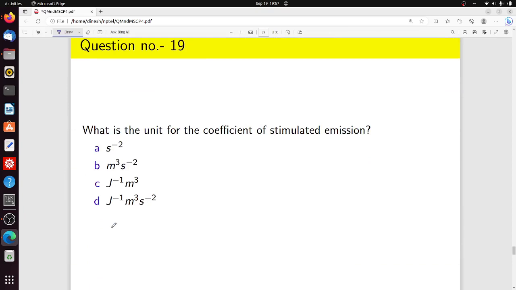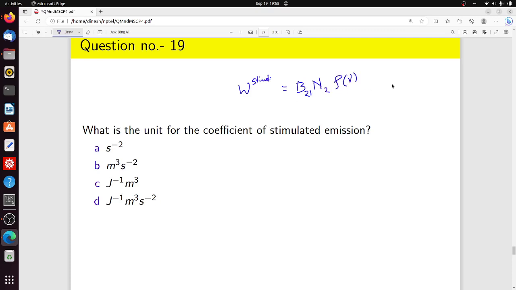What is the unit of the coefficient of stimulated emission? A few slides back we wrote the rate of stimulated emission. I didn't write it in terms of B, so let me write it in terms of B21, N2 times the density function.